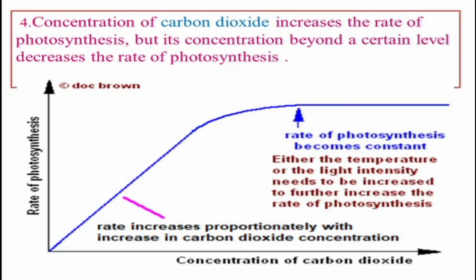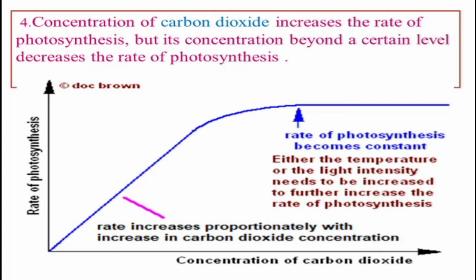And the fourth point: an increase in the concentration of carbon dioxide increases the rate of photosynthesis, but its concentration beyond a certain level decreases the rate of photosynthesis. Carbon dioxide present in the atmosphere is used by the plant to prepare its own food. Where does that carbon dioxide come from?